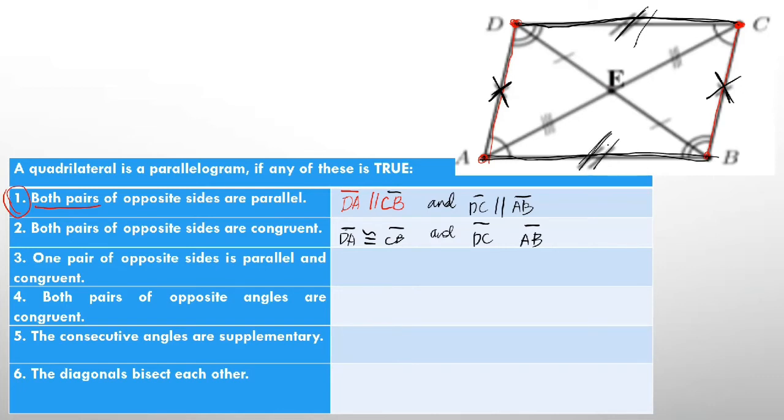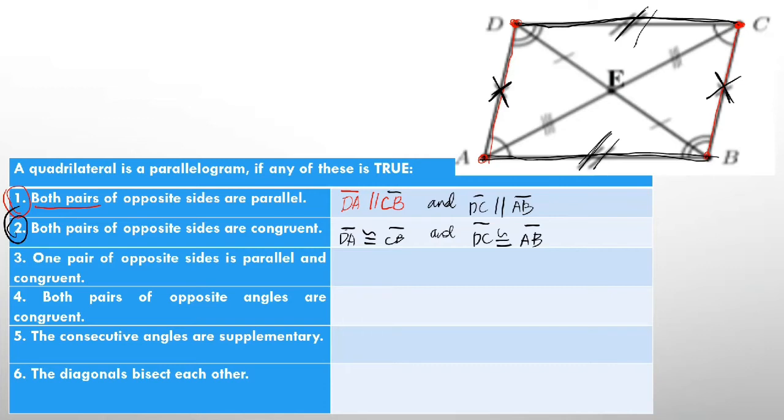Since pareha sila na line and ng measurement, then we can say that line DC is congruent sa line AB. Okay po? Now, we have proved already the number 2 that both pairs of opposite sides are congruent. So sa number 1 and number 2, we are referring to the both pairs.